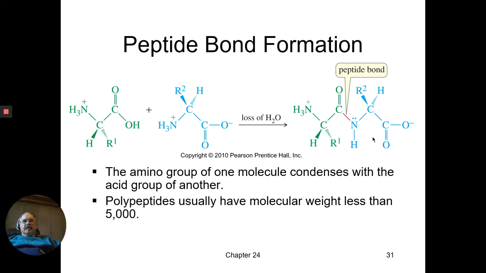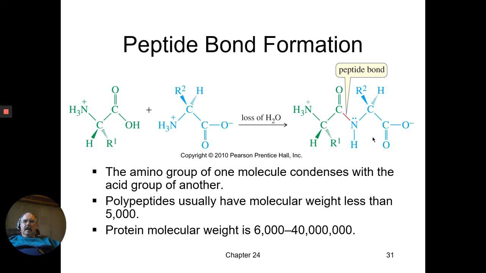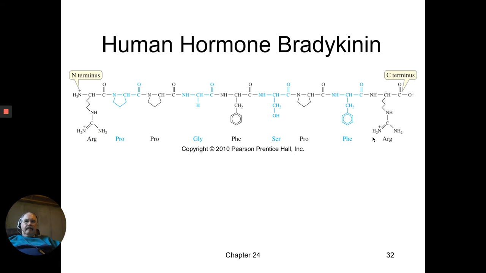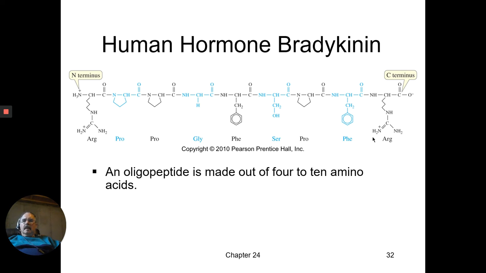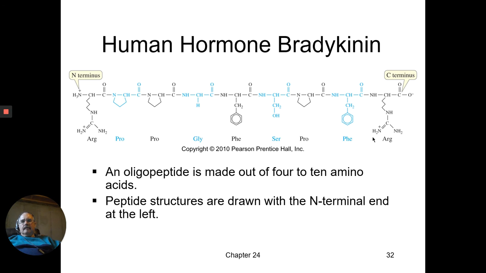Okay, polypeptides usually have molecular weights of less than 5,000, and proteins are typically 6,000 to 40 million. So this is a human hormone called bradykinin. It is made out of 4 to 10 amino acids. That's an oligopeptide.